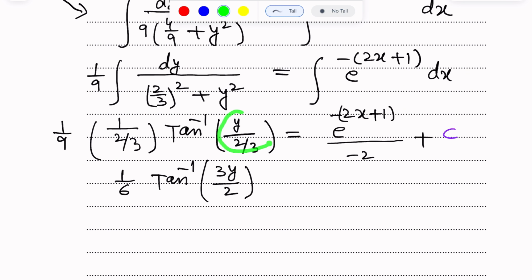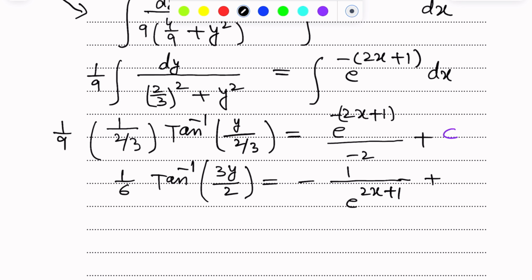We can write y over 2 over 3, so 3 will be multiplied in the numerator. This becomes 3y over 2. Right side will be minus 1 over e power 2x plus 1, plus c. Let this be equation number 1 for reference.